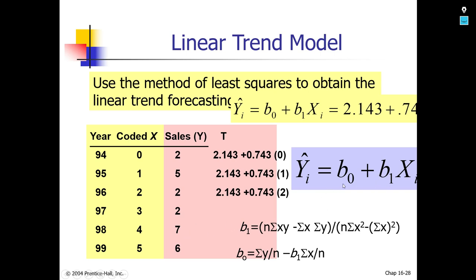And the calculation for B1 is equal to n summation xy minus summation of x times summation of y, divided by n summation of x squared minus summation of x squared, and B0 is equal to summation of y divided by n minus B1 multiplied by summation of x over n. So if you sum here, you can get the value here.